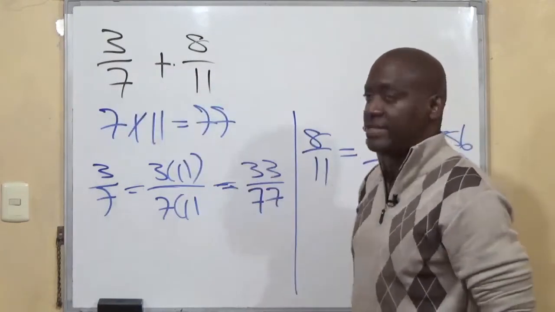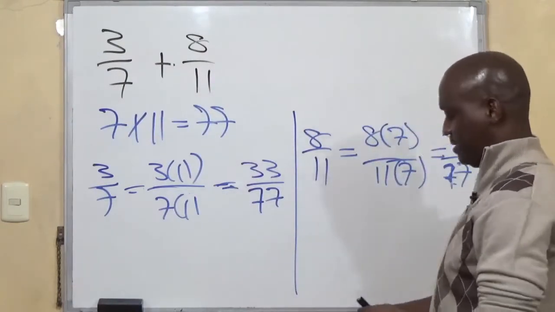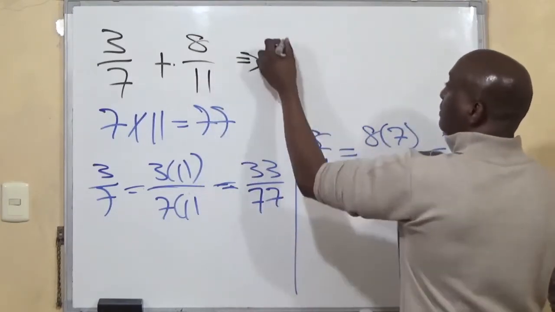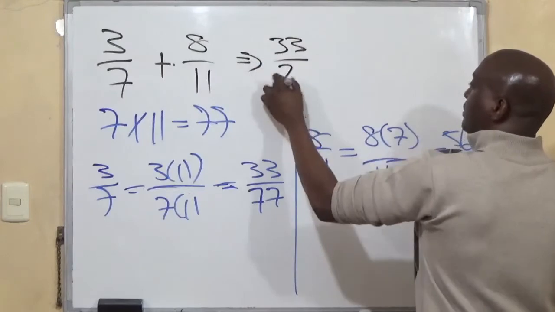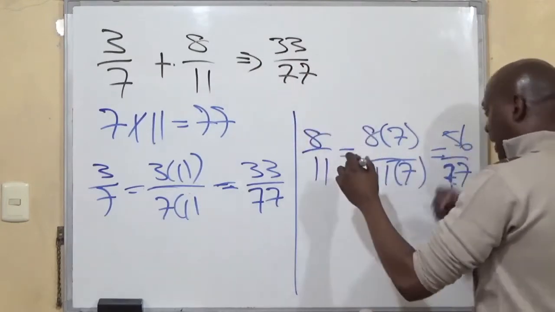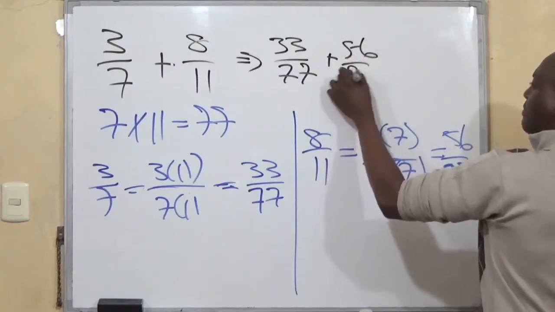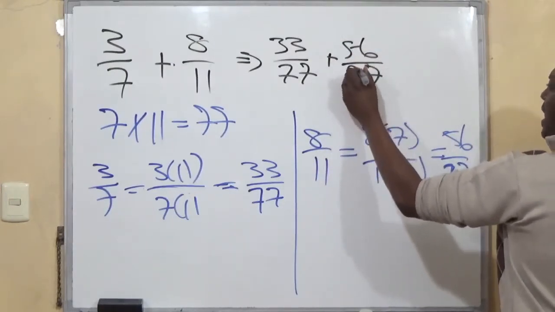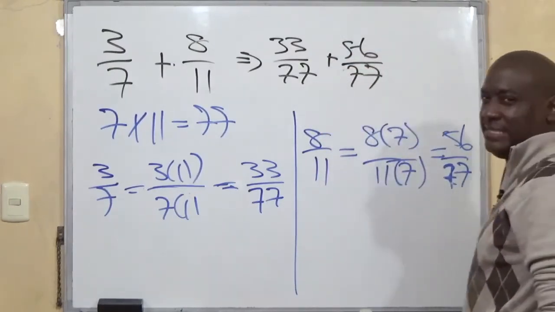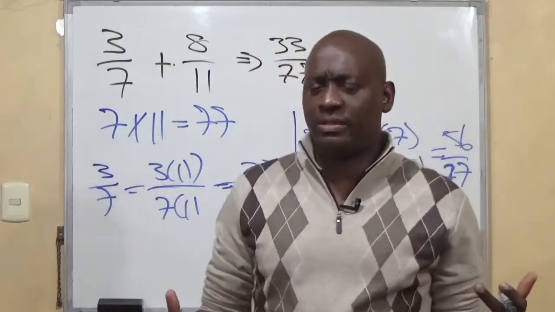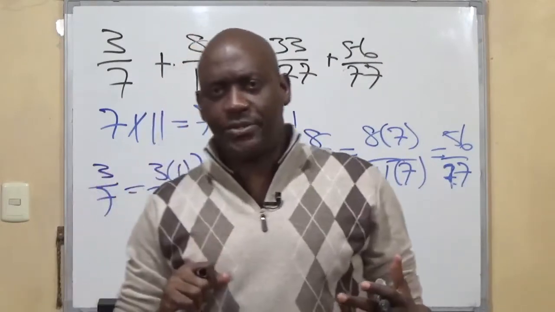Now, we can write 3 over 7 plus 8 over 11 as 33 over 77 plus 56 over 77. And once we have commonized the denominators, I'm not sure that is a word, but I'm using it anyway.